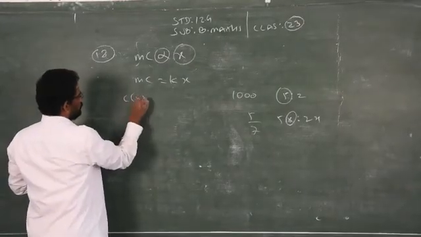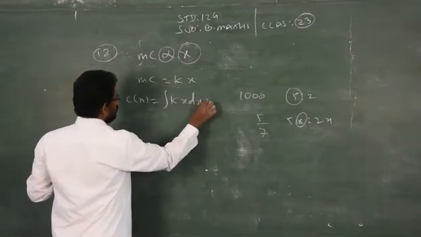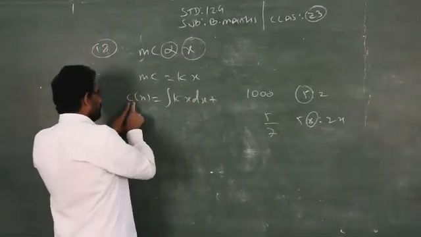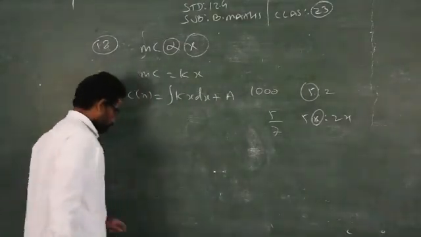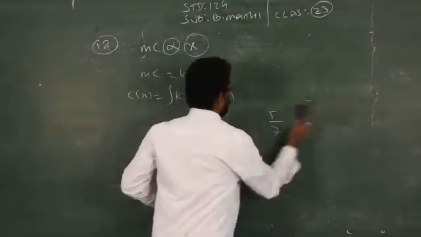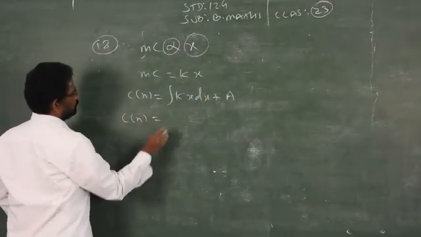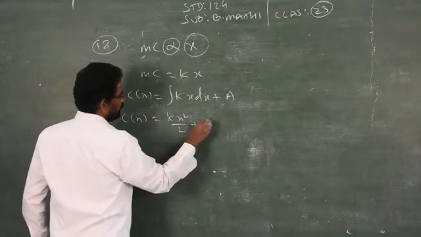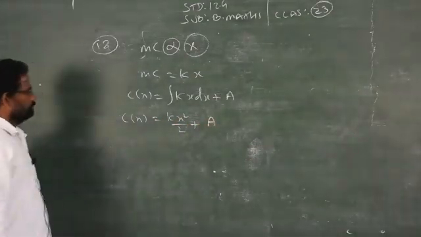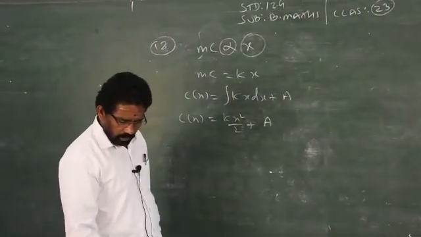So C(x) is equal to, applying that formula, the integral of kx dx. Here I don't use the constant C and k, you can take some other variable, let's say A. Now integrate. C(x) is equal to kx square by 2 plus capital A. Some information is given, that is the fixed cost.